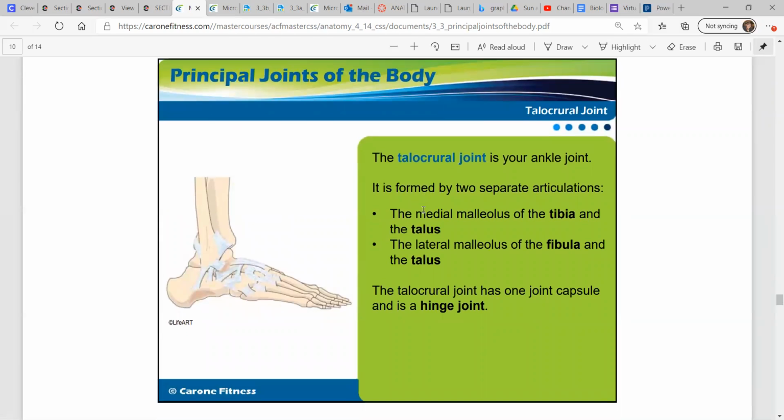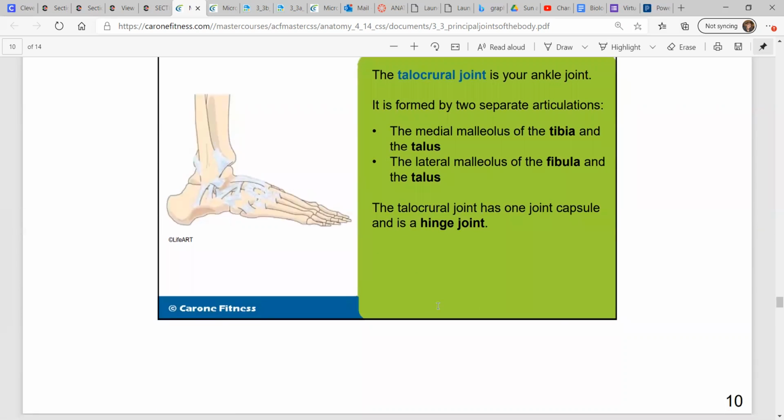Then we have the talocrural joint. That is your ankle joint. It's formed by 2 articulations, the medial malleolus of the tibia and the talus, and then the lateral malleolus of the fibula and the talus. This is a hinge joint with 1 joint capsule.